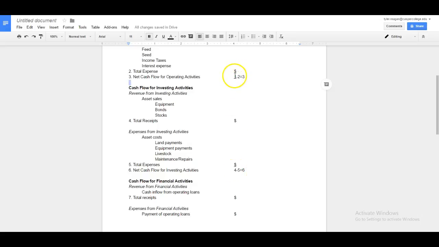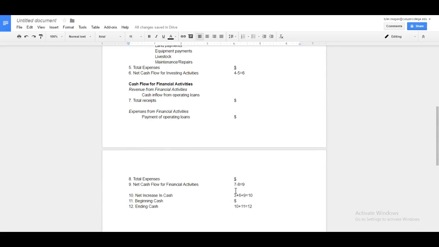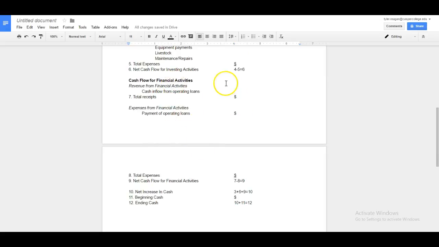And then down here under financial activities, say we have a net cash flow of negative $20,000, hypothetically. So then we come down here and add those three numbers together. We have a positive 100,000 minus 50,000 minus 20,000 to give a $30,000 increase in cash.